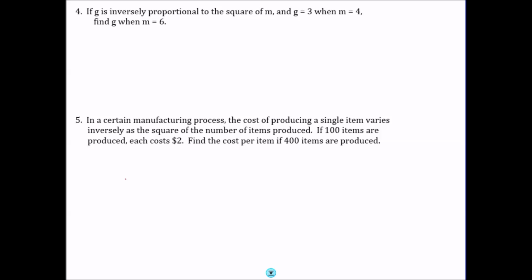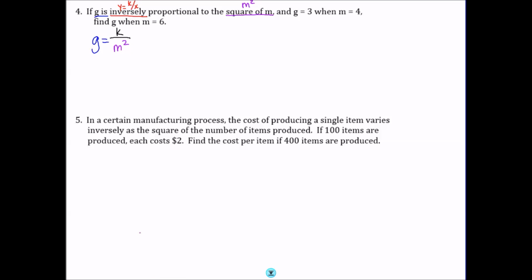It's the same thing. We know that this is inversely proportional, so we're going to have k divided by x. We have g is, so we know we have g equals the square of m is m squared. So we're going to have g equals k divided by m squared.